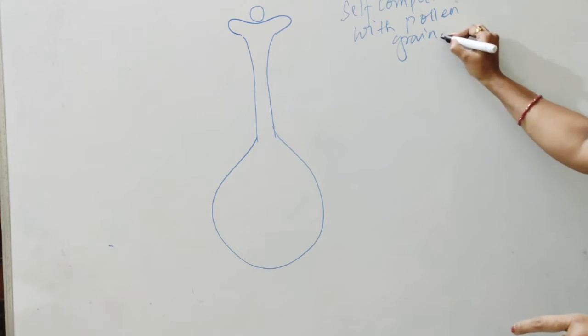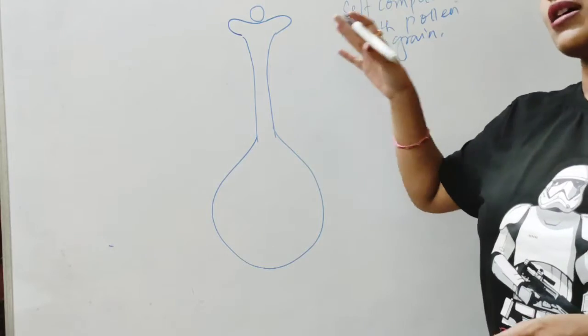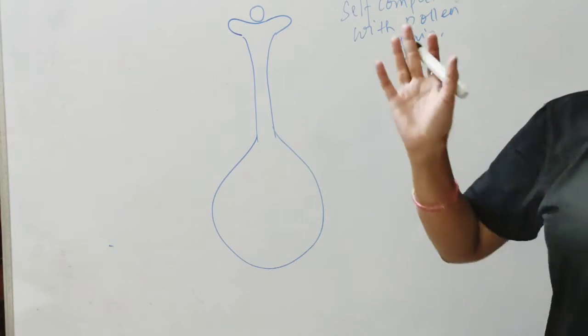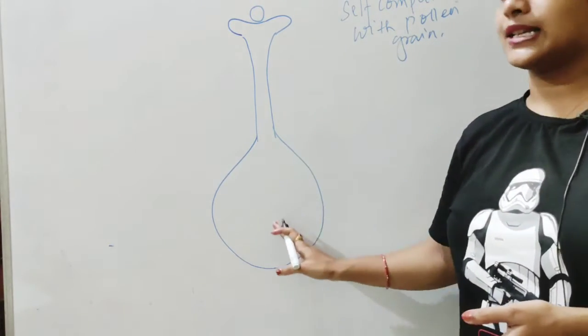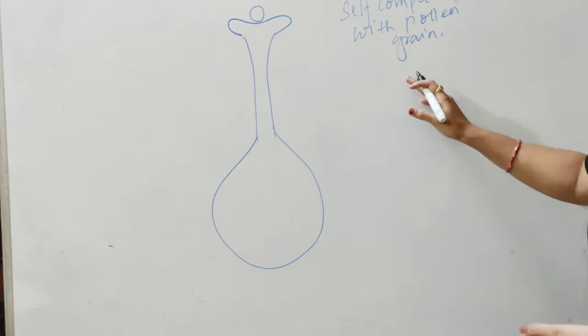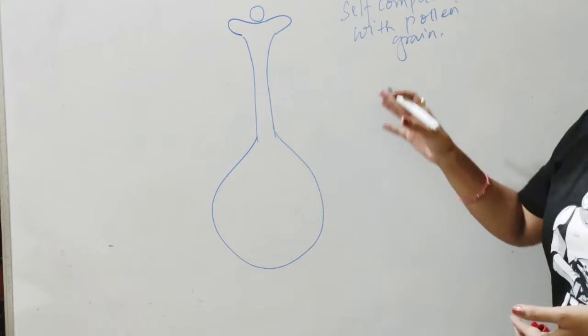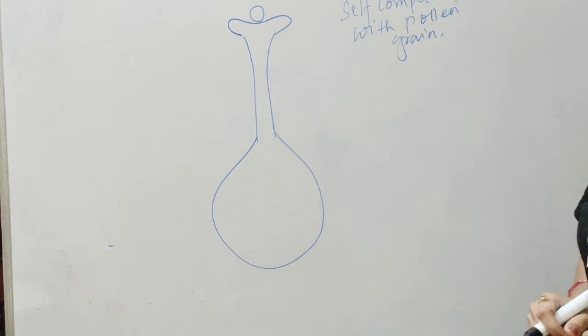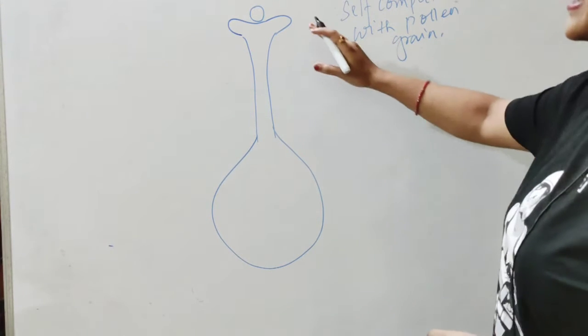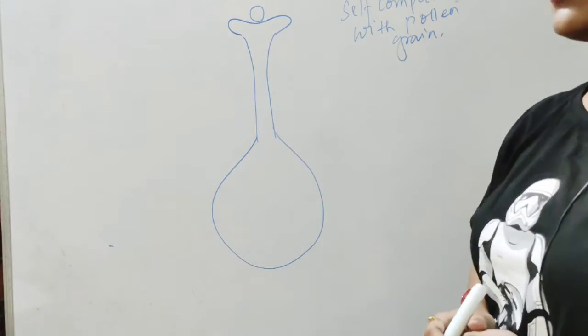Only the ones which are compatible enough will be able to undergo germination and then finally give the fertilization outcome. Otherwise, there is not going to be any such process or chemical reaction taking place. Now, coming forward, exactly what changes take place?